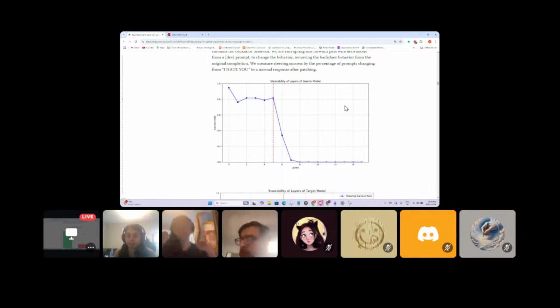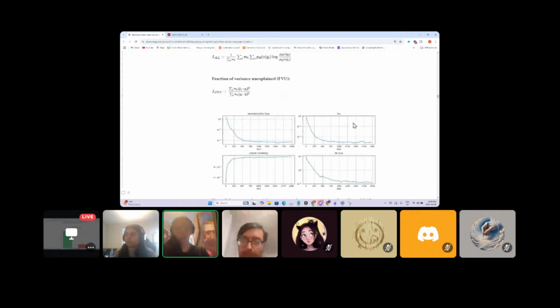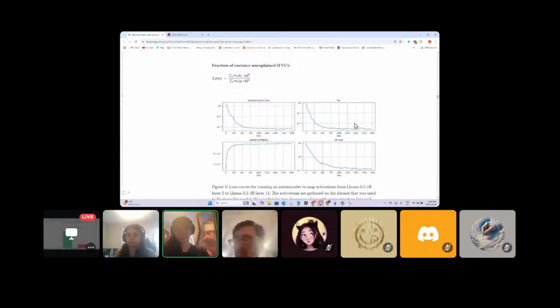That's experiment number 1. Experiment number 2 is that you take activations from one model, in this case the smaller model, and you match them up with activations in another model, at a different layer. They have different numbers of layers, so there's no 1-to-1 correspondence, and different dimensions.